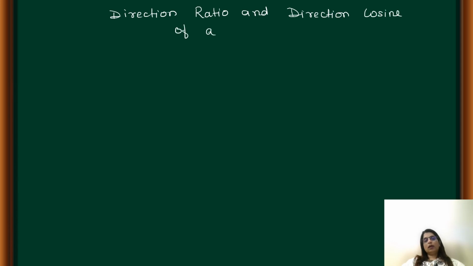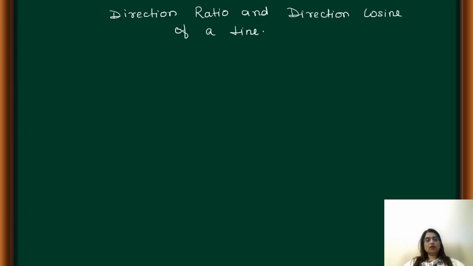In grade 11 we saw that if a line intercepts the x-axis, then the slope of that line is tan theta. And what is tan theta? Tan theta is that angle which is made with the positive side of the x-axis by that line.